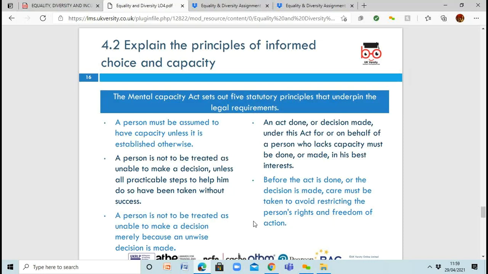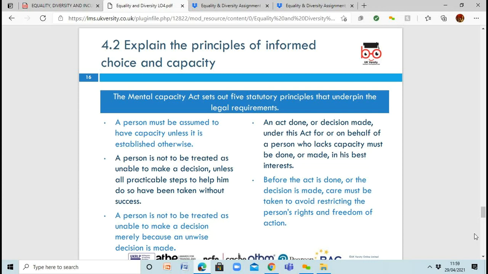And then the Mental Capacity Act has set out 5 principles that have to be followed by the legal requirements. So a person must be assumed to have capacity unless it's established otherwise. So you've got to make sure, check, have they got the mental capacity to make their own decisions or not? That's how it will work.